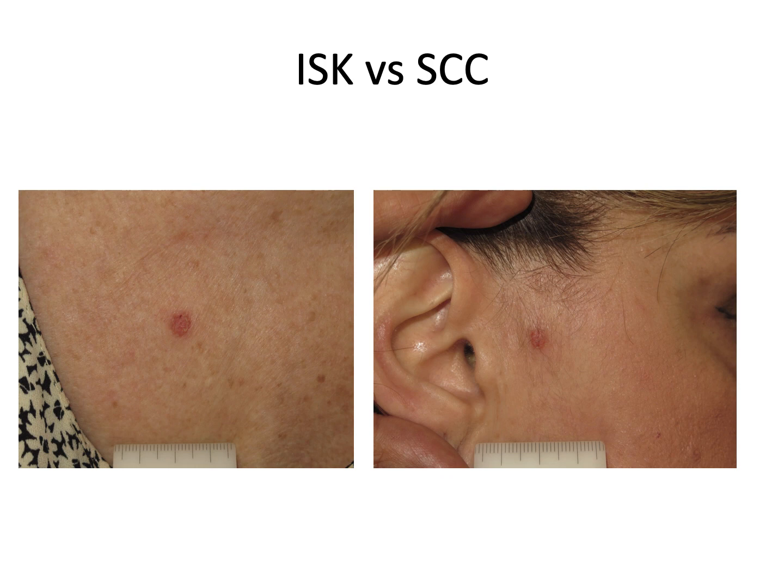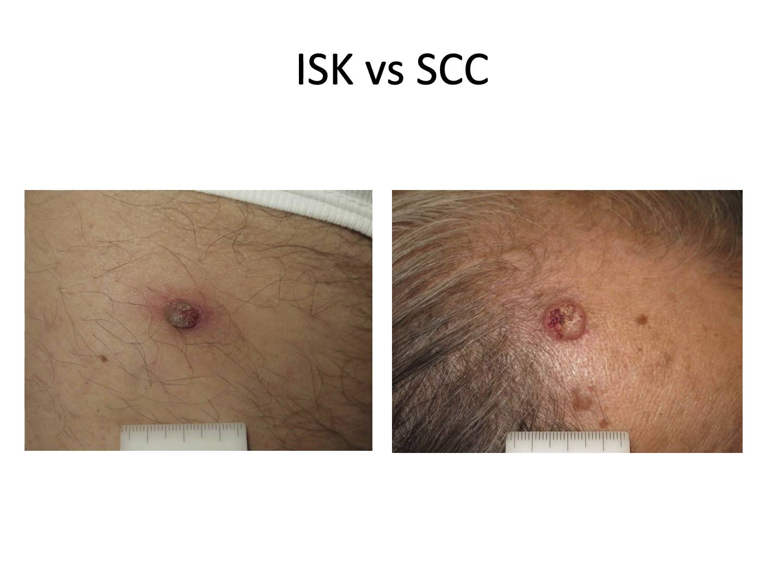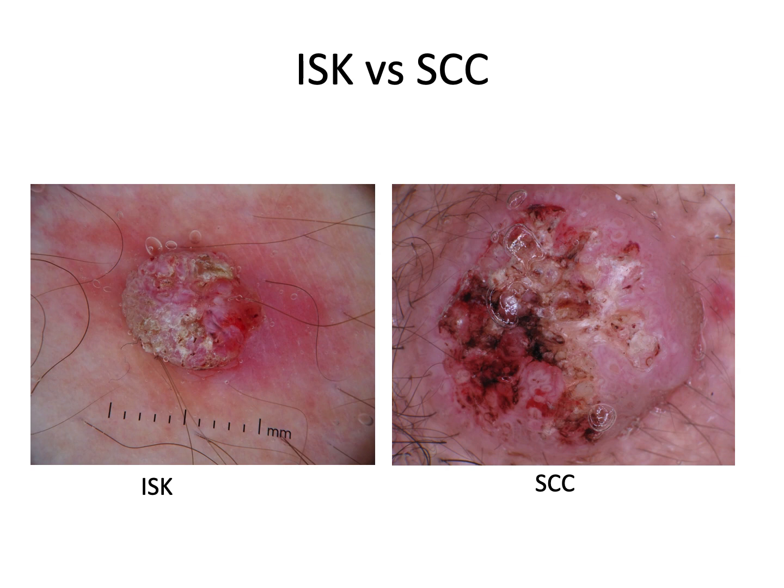For example, clinically, these are two quite similar lesions, both of which dermoscopically display scales, erosions, and vessels. However, the left lesion is an irritated SEBK and the right is a squamous cell carcinoma. Again here, these nodular lesions are both clinically and dermoscopically similar. However, on the left there is an irritated SEBK, while on the right there is an SCC.